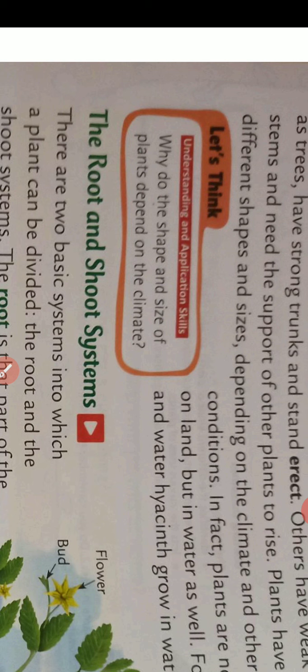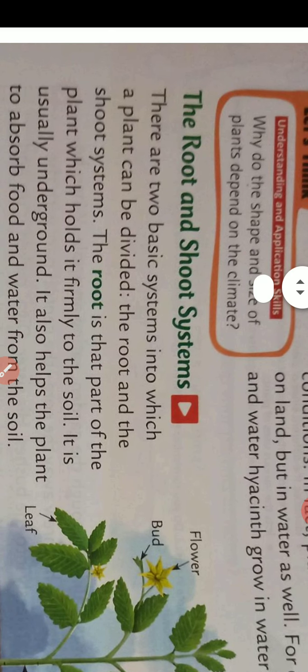So now let's start the root and the shoot system. Children, let me clear first what is root system and what is shoot system. I think you all know what roots are. Do you all know what roots are? Yes, I know you all know. You are very smart children.